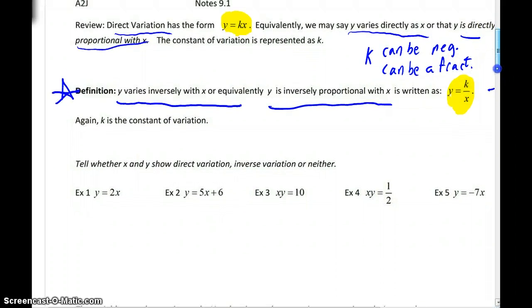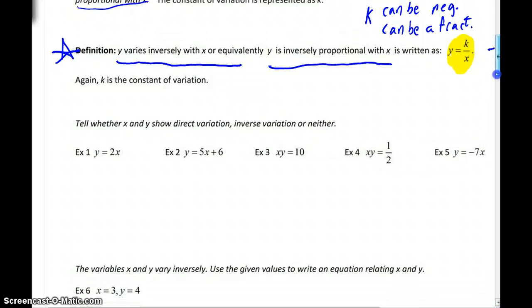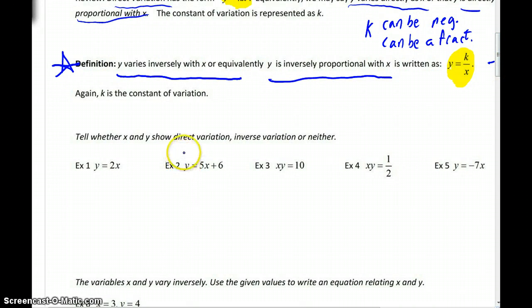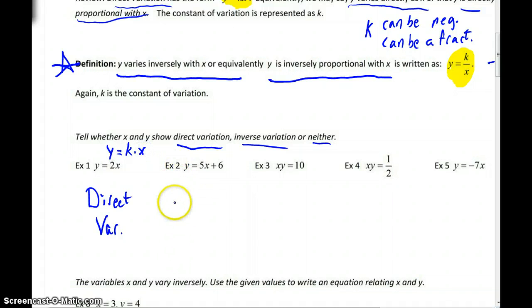So let's very quickly take a look at 5 quick examples, just stating whether we have direct variation, inverse variation, or neither. For example 1, this is going to be direct variation. How do we know? Well, y is equal to k times x. Your k, which is a real number, happens to be 2. For example 2, this is neither.